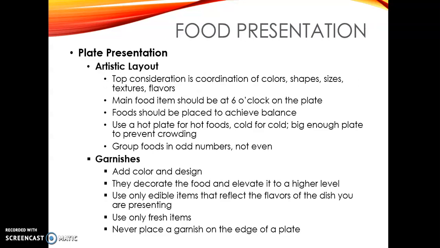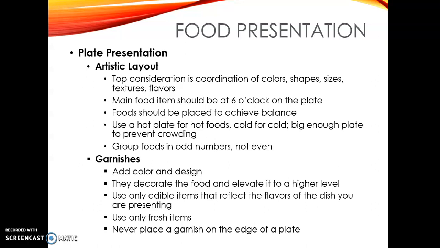So food presentation. We'll talk about this next week with menu planning, but you want to have a variety of colors, shapes, sizes, textures, and flavors. And whichever your main food item is, that should be at 6 o'clock on the plate. And then food should be placed to achieve balance. Here's a very important thing if you do your F&P project in person. You always want your hot food to go on a hot plate.